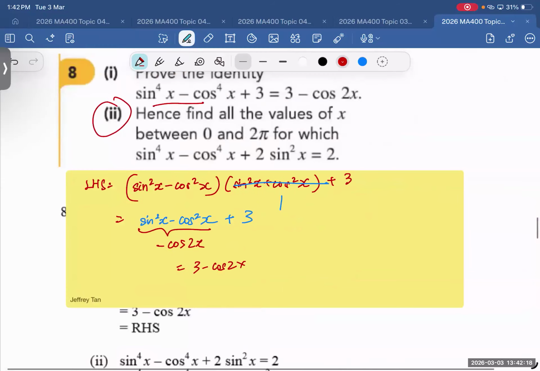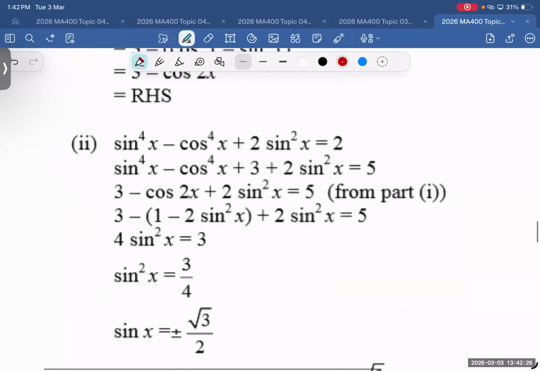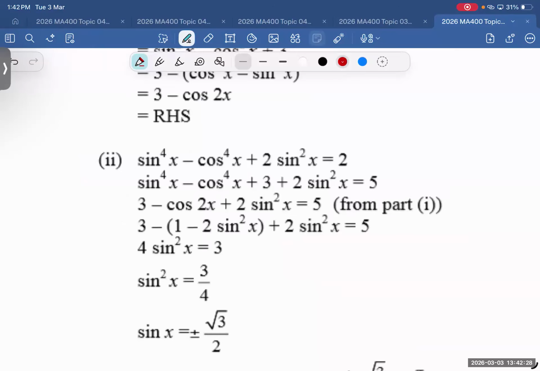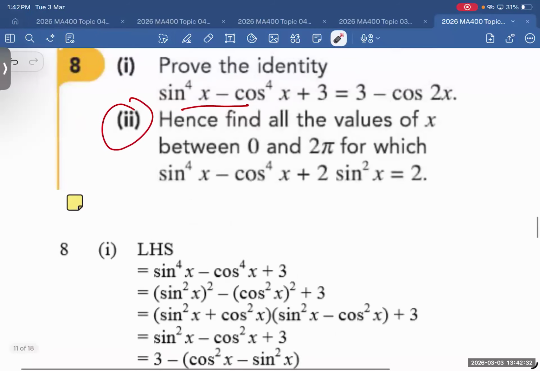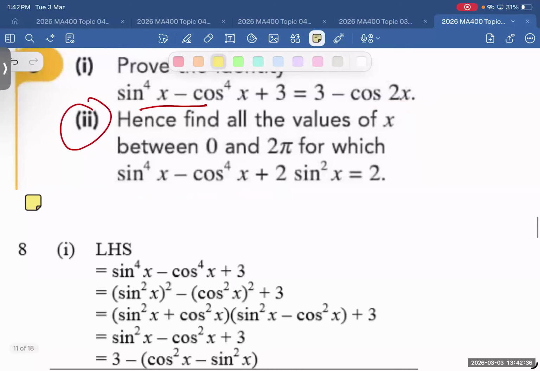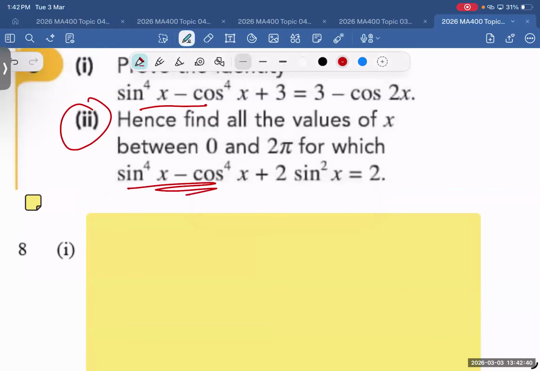Okay. Then next, I go to part 2. So part 2, you basically are able to copy down the result of the right hand side. You know that this is equals to 3 minus cos 2x. After that you copy this entirety here: 3 minus cos 2x plus 2 sine square x equals to 2.